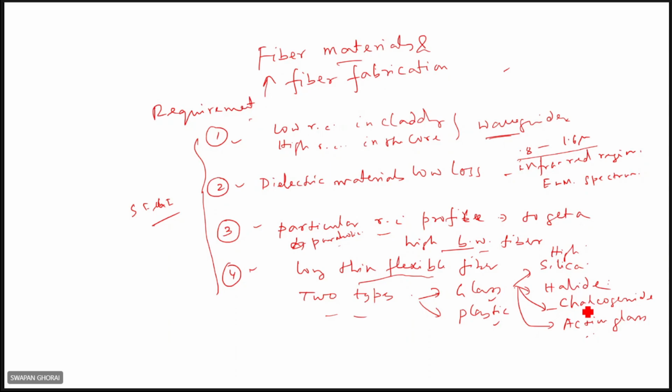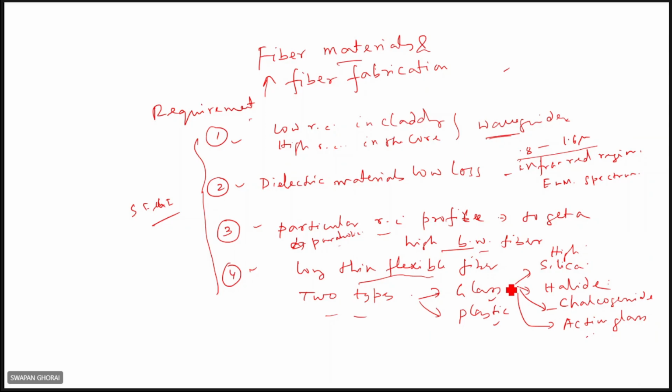So there are different glass fibers, and these come under glass. Plastic fibers are also there. Of course, the core can be glass and the clad plastic, or both core and clad can be plastic. We'll see it. So there are different types of materials for fiber fabrication.